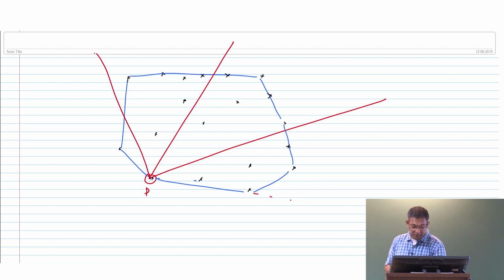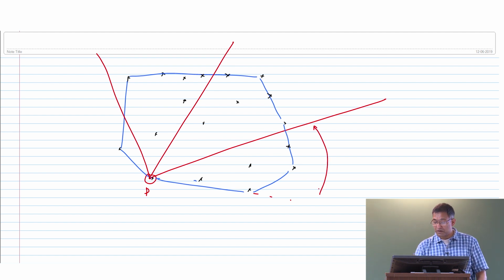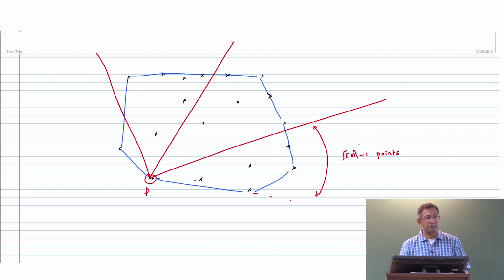I'm going to radially create these wedges from P, so that each wedge contains how many points? So if you like, epsilon n minus 1 points. I'm assuming epsilon n; here it should be ceiling epsilon n minus 1, but okay.